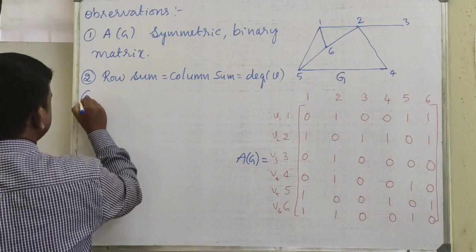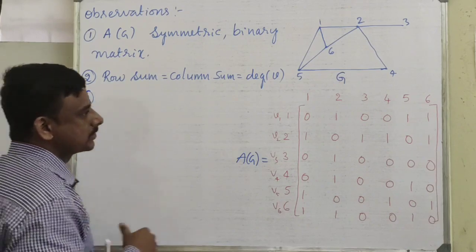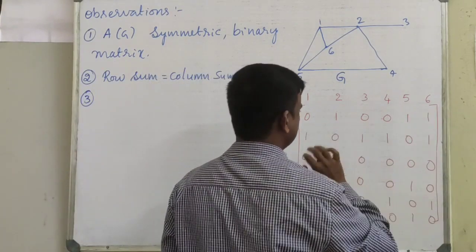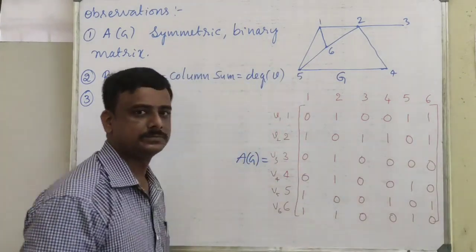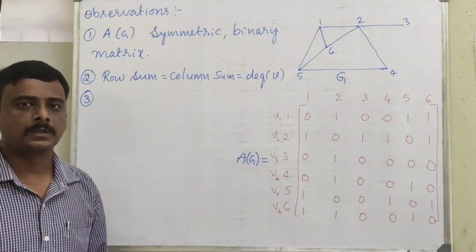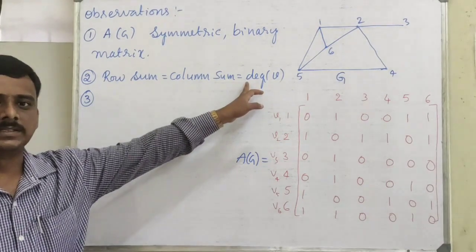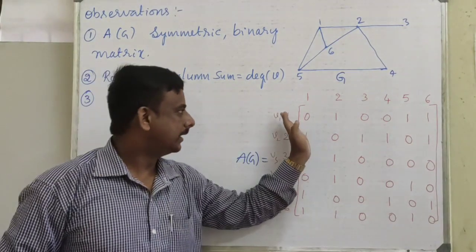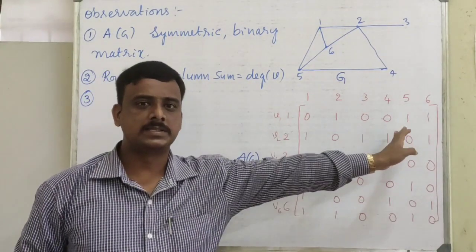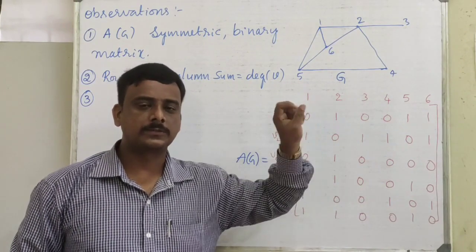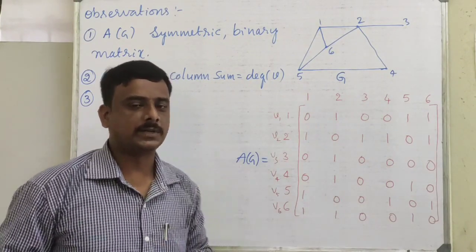Next. Suppose you have a zero row, all the entries are 0 in a row. Then from this we can say that the degree of the corresponding vertex is 0. So any vertex of degree 0 is called an isolated vertex.